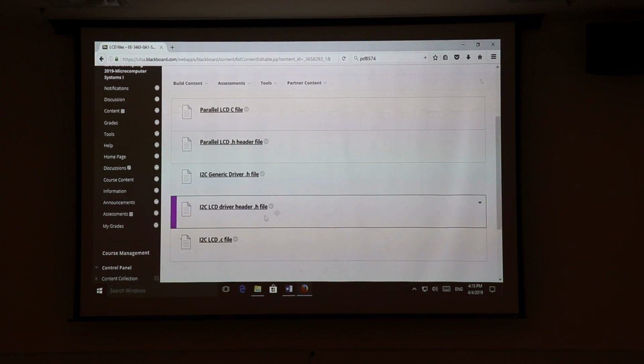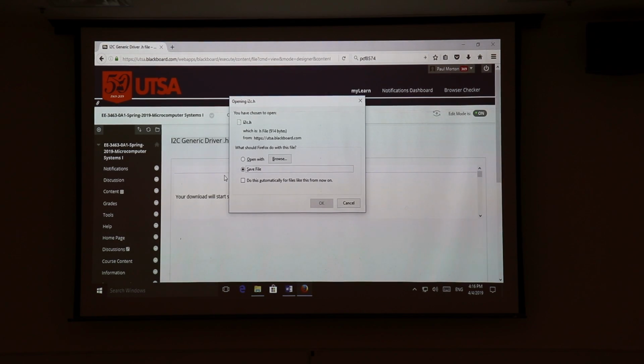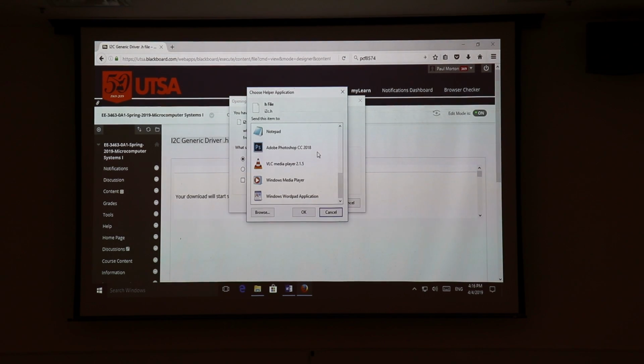Okay, so you have 2 header files and a C file. So let's look at the header files briefly. This file is a generic I2C driver, and if you want to use some other I2C enabled device, you can use that driver directly with any I2C device. It should work fine. So we'll open it with WordPad, hopefully.